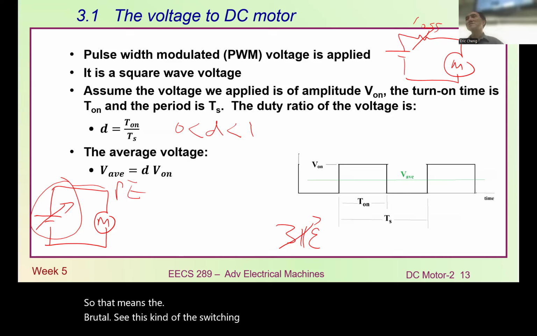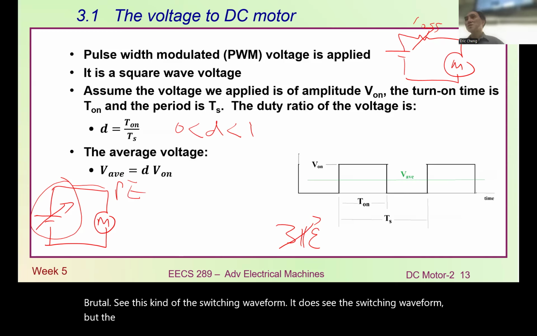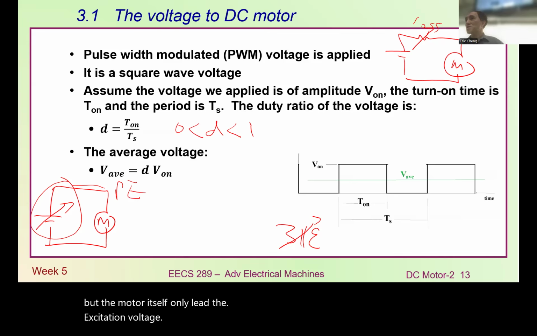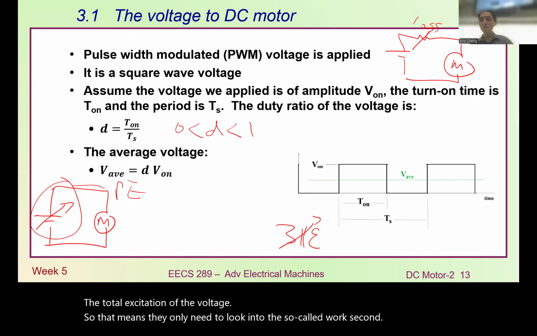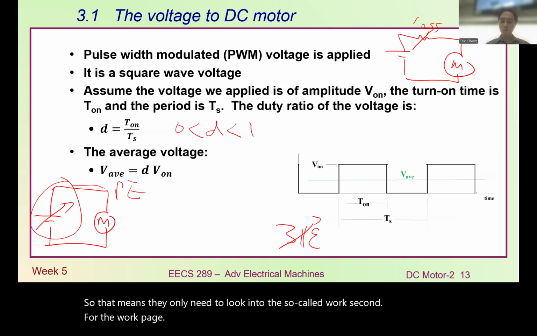It does see the switching waveform, but the motor itself only needs the excitation voltage, the total excitation of the voltage. So that means they only need to look into the so-called volt-second of the voltage.